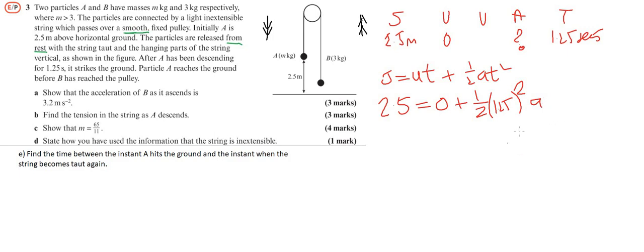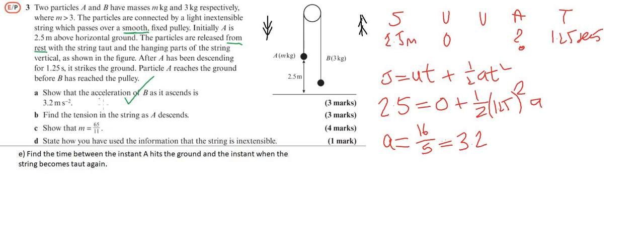Now we just have to rearrange that, and we get that a is equal to 16/5, which is 3.2. That's shown part A. So what we've done is used our SUVAT calculations and the diagram showing us that this is 2.5 meters.